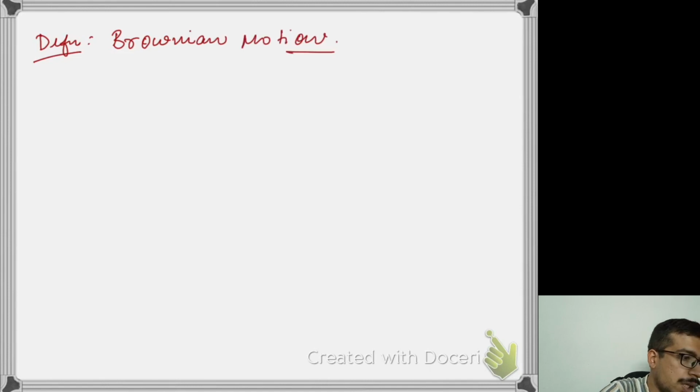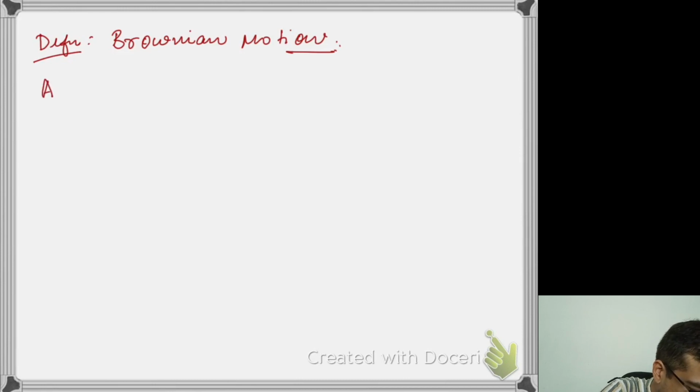Let's now discuss a special case of a stochastic process, which is called the Brownian motion. Brownian motion is a continuous time and continuous state space stochastic process. We'll denote it by Wt.